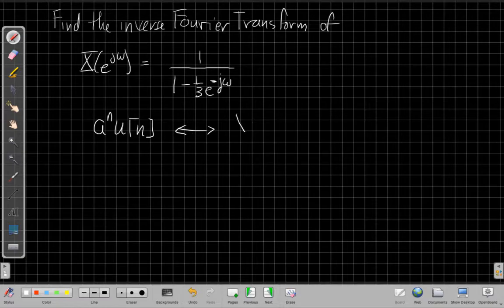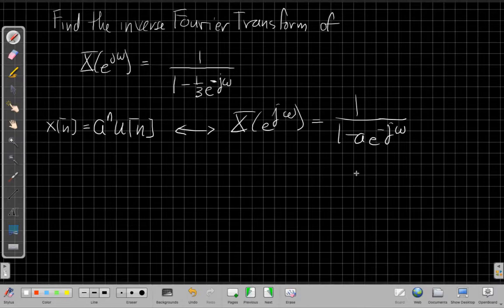then if this were my x of n, X of e to the j omega would be 1 over 1 minus a e to the minus j omega. Looking at this, I can just match these up.